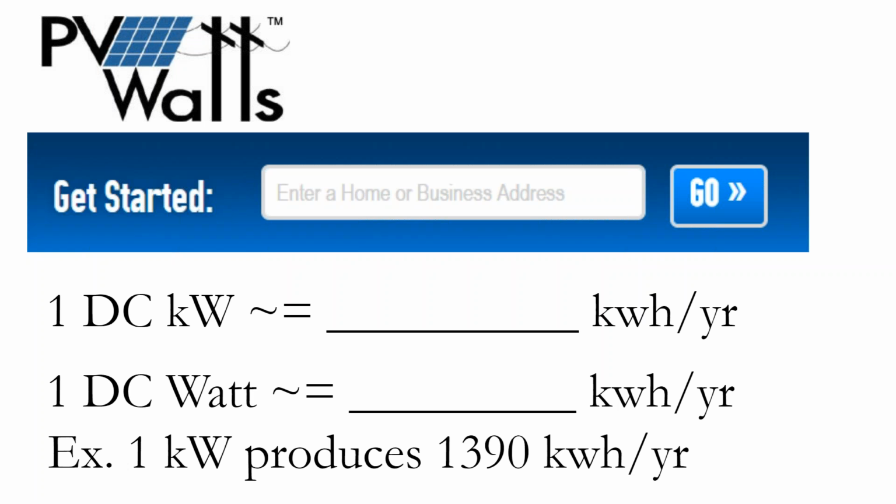And I say that because the raw data that PVwatts uses, not only is it based off actual recorded weather data in your area, but that same actual recorded weather data in your area is used by all the commercial solar softwares that you pay for.